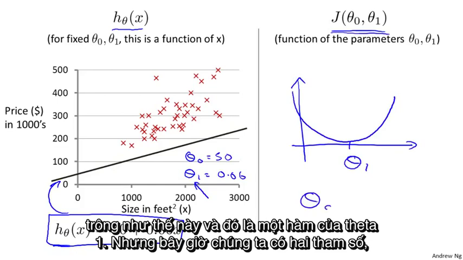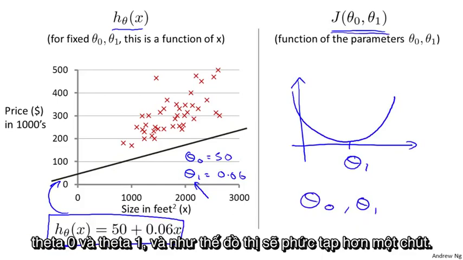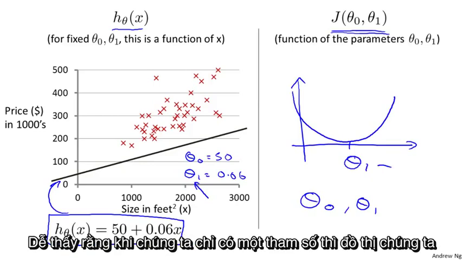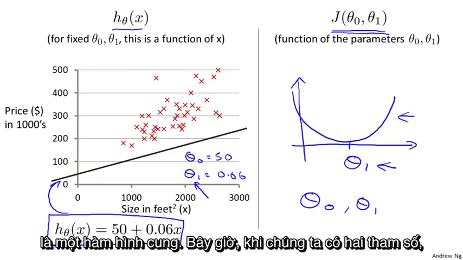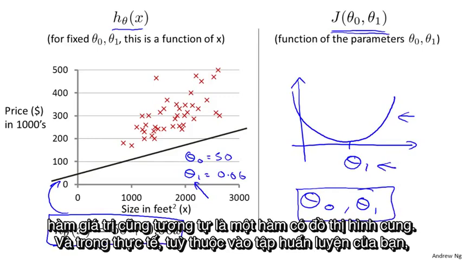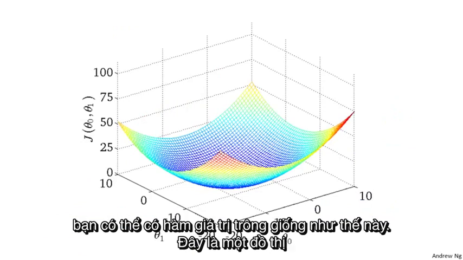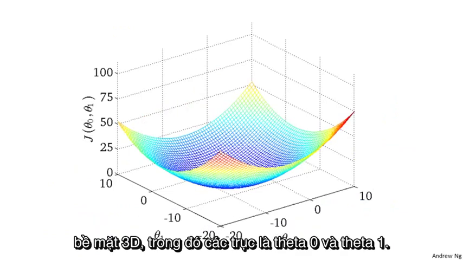But now we have two parameters, theta 0 and theta 1, and so the plot gets a little more complicated. When we had only one parameter, the plots we drew had this sort of bow-shaped function. Now, when we have two parameters, the cost function also has a similar sort of bow shape. Depending on your training set, you might get a cost function that looks something like this. This is a 3D surface plot where the axes are labeled theta 0 and theta 1.